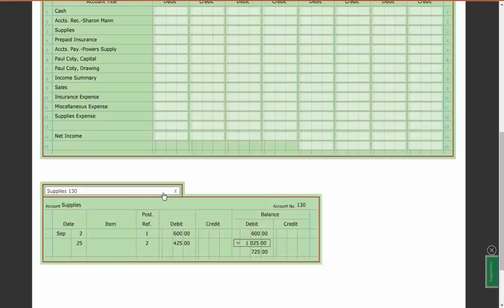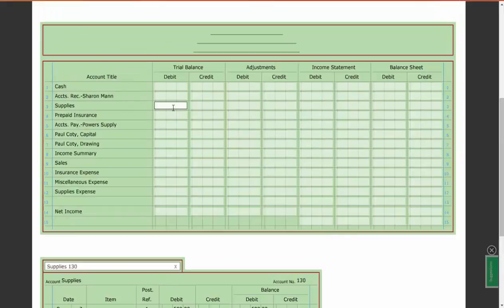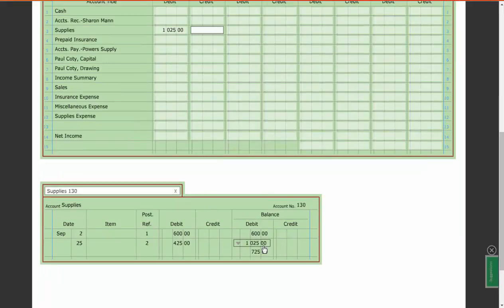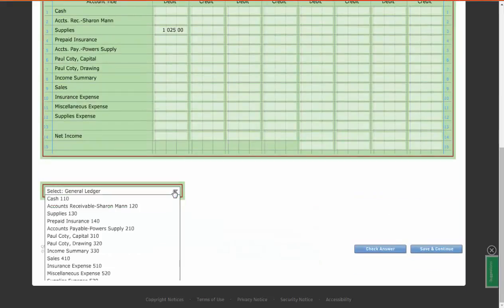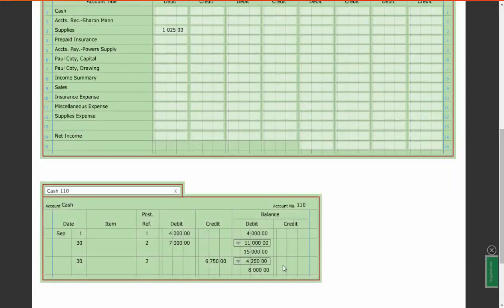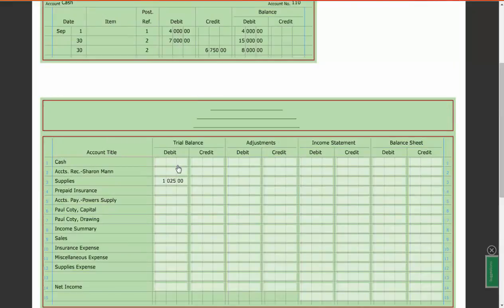You know what we should be doing? I'm going to stop right here. Supplies, we have this new balance of 1,025. Let's put this up here on top. Otherwise, you're going to end up having to reopen them all. I have it open in the bottom. I'm going to go back and get cash at the same time, because you're going to have to put that new balance up here.